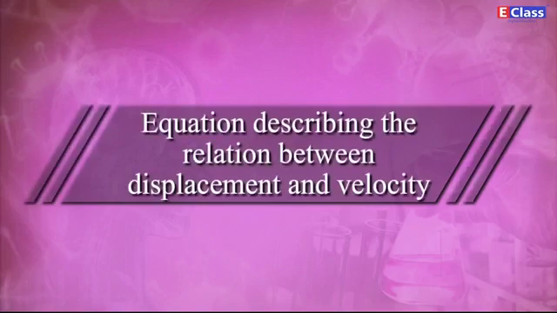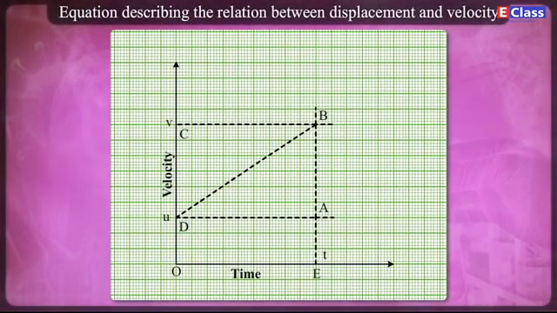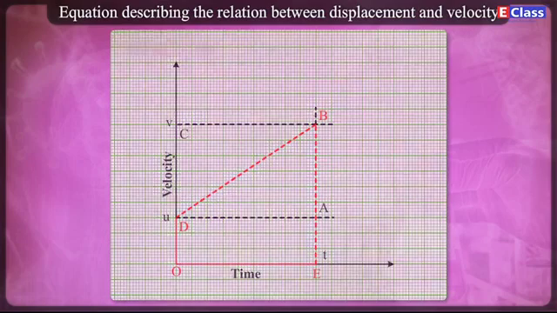Equation describing the relation between displacement and velocity. We have seen that from the graph in figure, we can determine the distance covered by the object in time t from the area of the quadrangle DOEB. DOEB is a trapezium, so we can use the formula for its area.